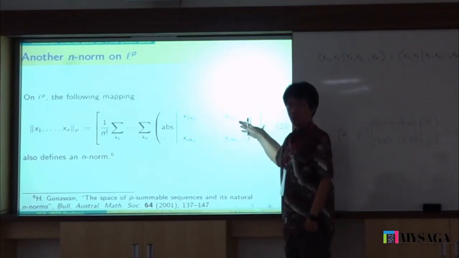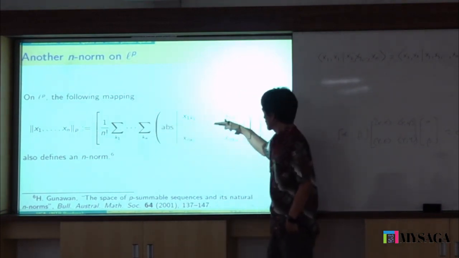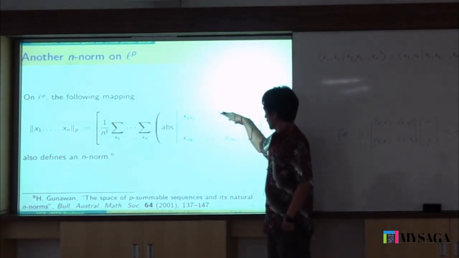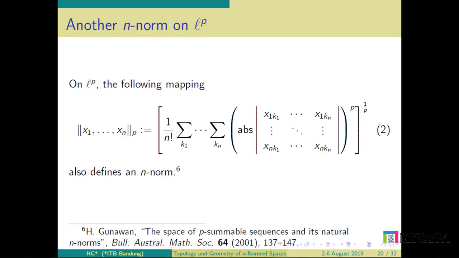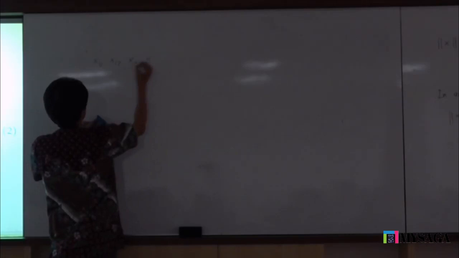this determinant. So now we have n vectors, we have this determinant, and I imagine that as, how to write that? Maybe I will give an illustration for the 2-norm. So this is x1.